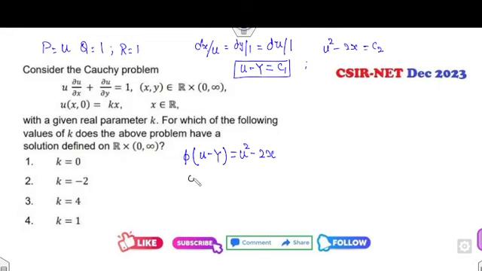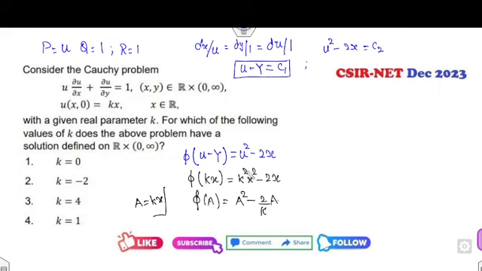Apply the initial condition. U is equal to kx, y is equal to 0, so k square x square minus 2x. I can choose a is equal to kx, then phi of a is a square minus 2 over k into a. So I can substitute this value. What is my a square?